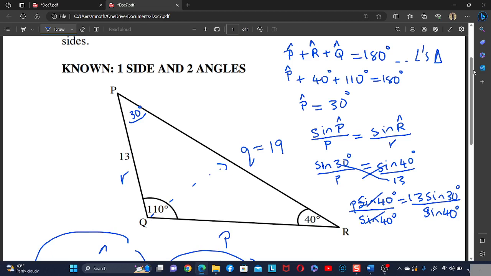Then P is equal to 13 sine 30 all over sine 40, which is equal to 10,11. That is side P. So therefore we are done.